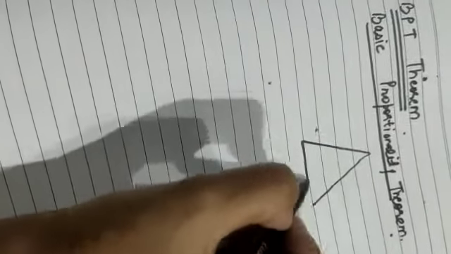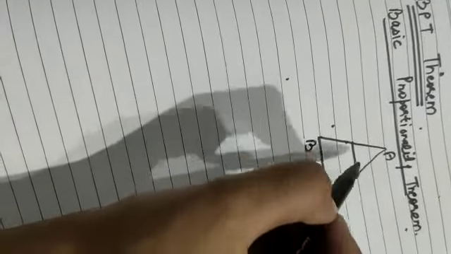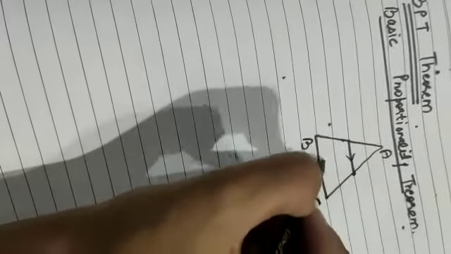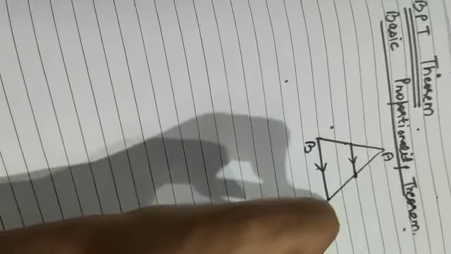So what we have given: a line drawn parallel to one side of a triangle. We have one triangle ABC. A line drawn parallel to one side of a triangle divides the other two sides proportionally.